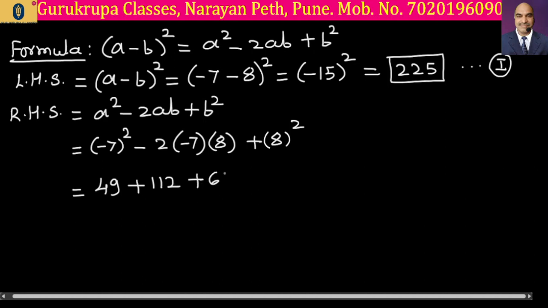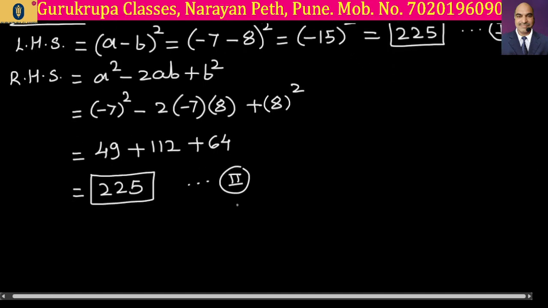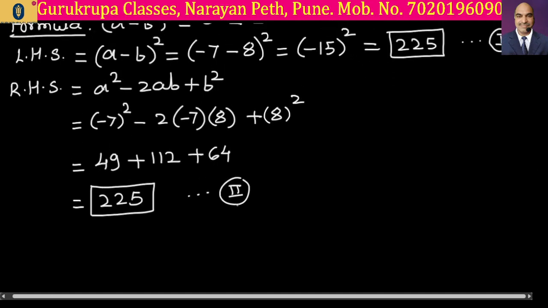And then square of 8 we get 64. So adding, we get the value of RHS, that is 225. This is our statement number 2.